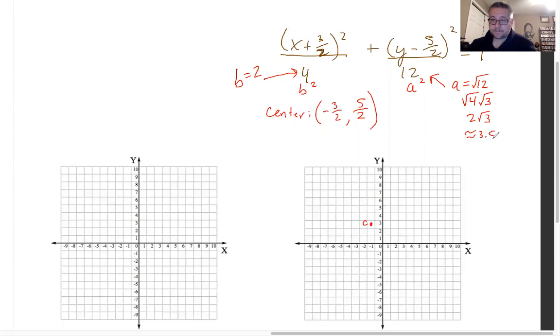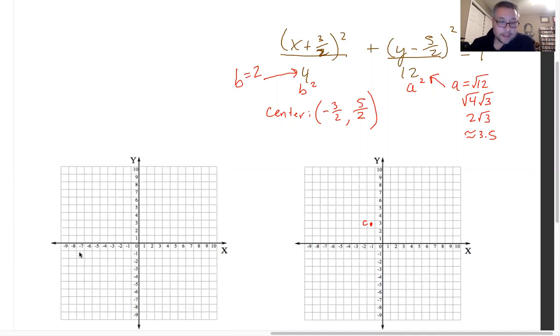Okay, so since this is the y fraction, this is a vertical ellipse, the major axis is vertical, so I can go up 3.5 from here. Let me change colors. This is not going to cooperate. Okay, I'm going to go up 1, 2, 3.5.